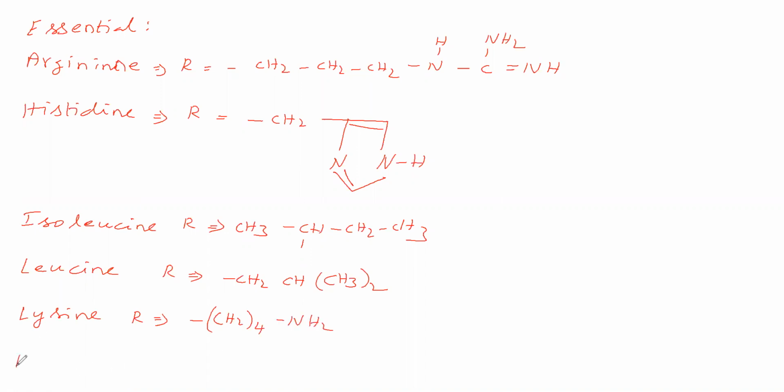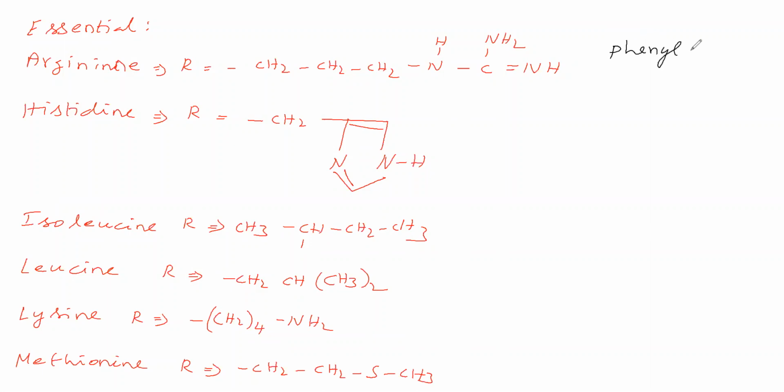Next, methionine. The formula of R is CH2 twice, SCH3. It is methionine. Next, phenylalanine.